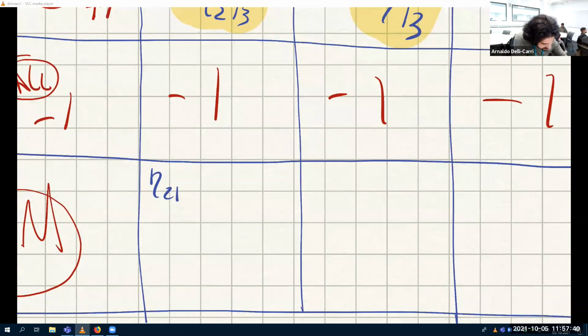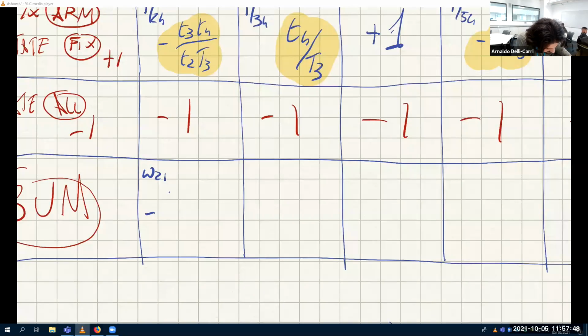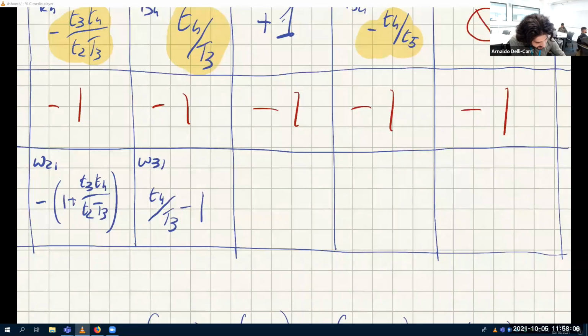So let's call this omega 2, 1. And so this is negative 1 plus T3 T4 divided by T2 T3. And so this is omega 3, 1. And so this is T4 over T3 minus 1. And this is 0. There you go.